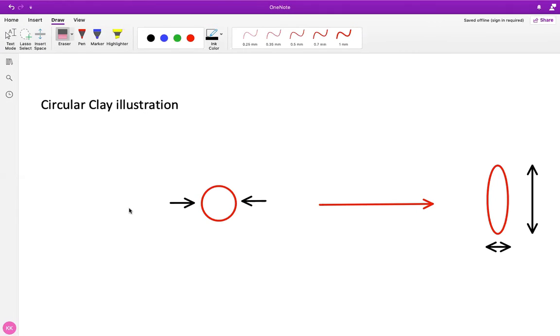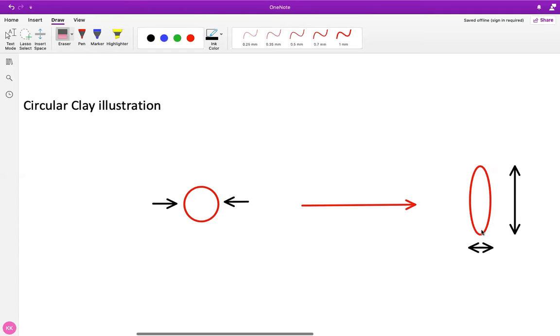In this video, I will use a circular clay illustration to help you understand stretches. Assume I have the circular clay here and I want to push it in this direction. After I push it, I get a shape that is not circular anymore, but looks like an ellipse.